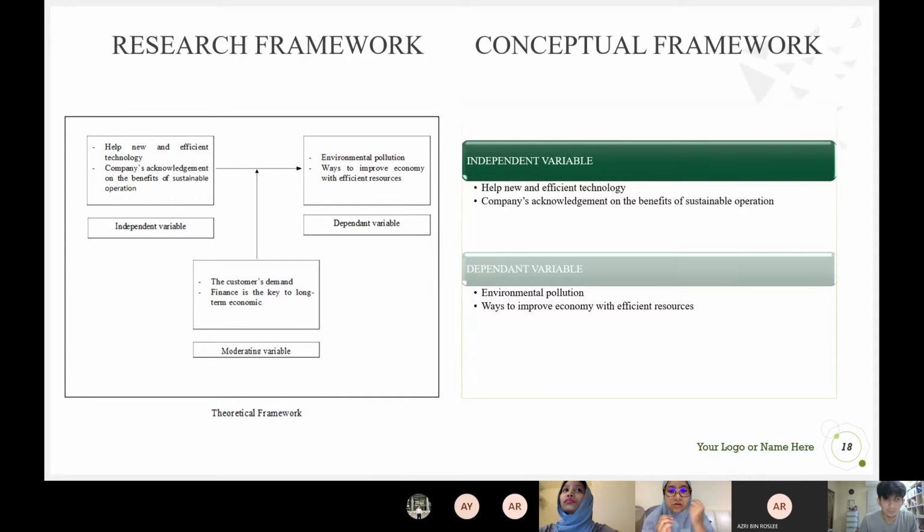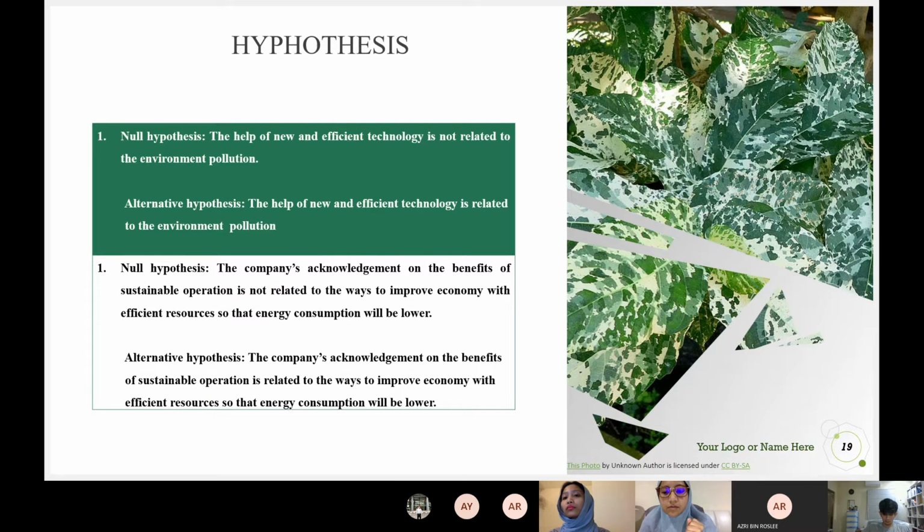Same goes for the dependent variables, that is environmental pollution and ways to improve economy with efficient resources. Next.